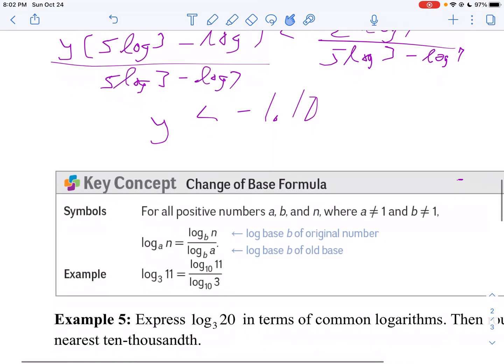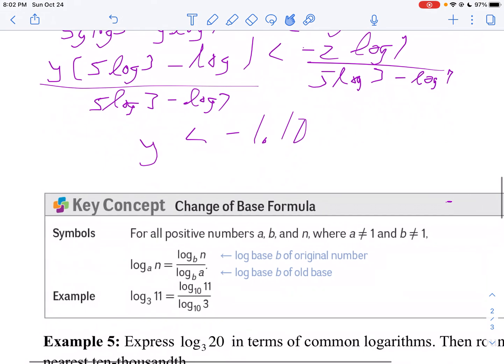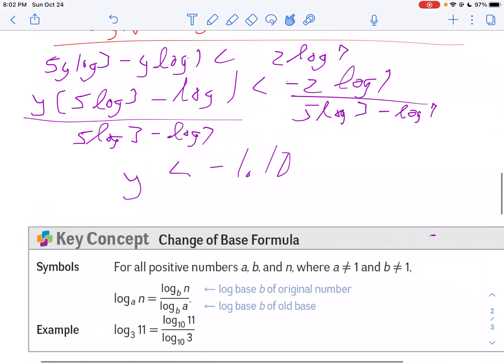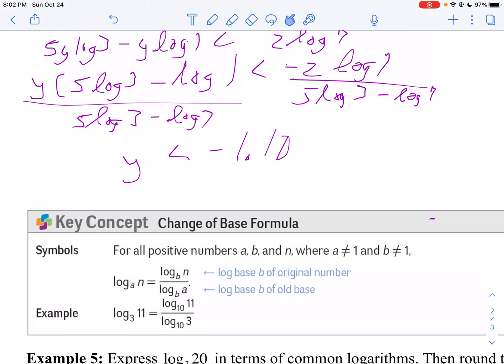Now the change of base formula, if you haven't noticed, we're kind of using that already. How do I use my calculator to find the log of any base? Because I know the common logarithm, log to the base 10. So here's what I'm going to do.